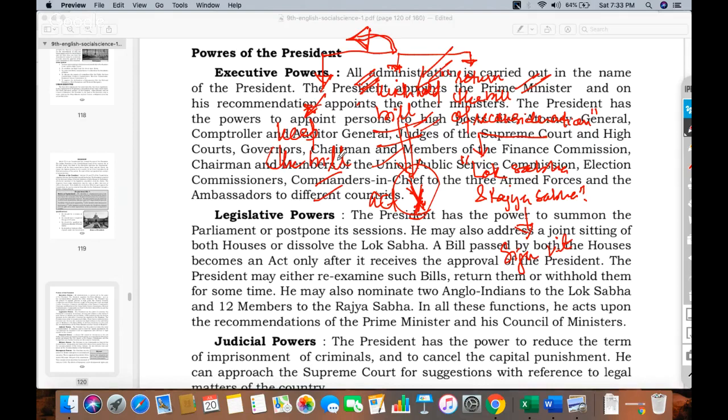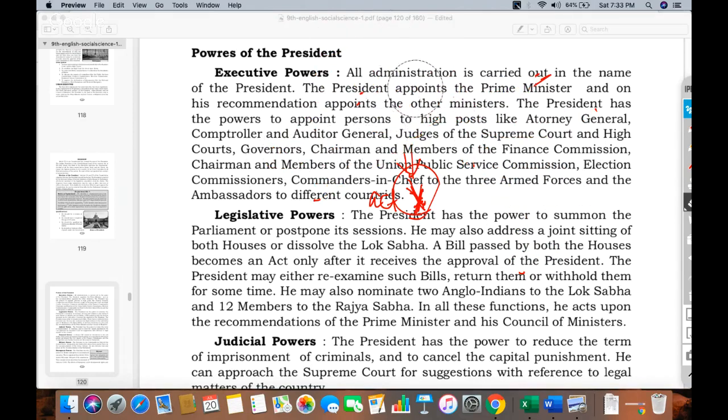He can always say that I am analyzing the bill. This is one of the most beautiful characteristics of the constitution, that nobody can force the president to sign any bill in haste.